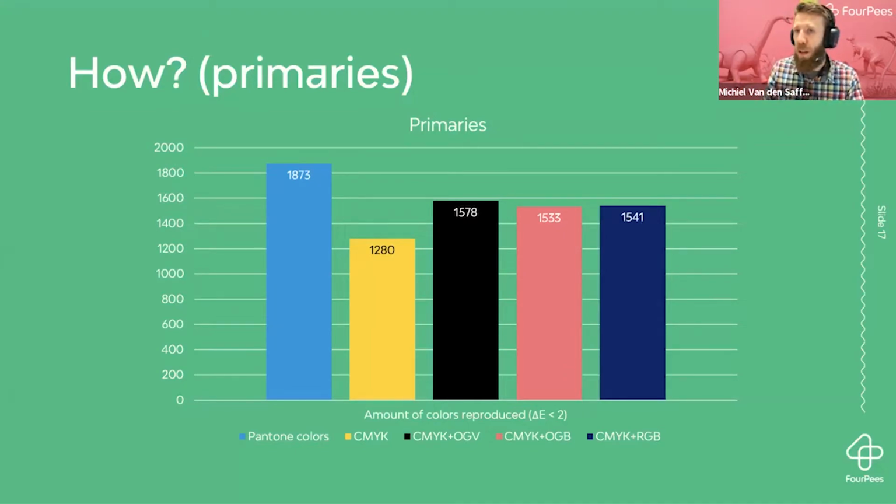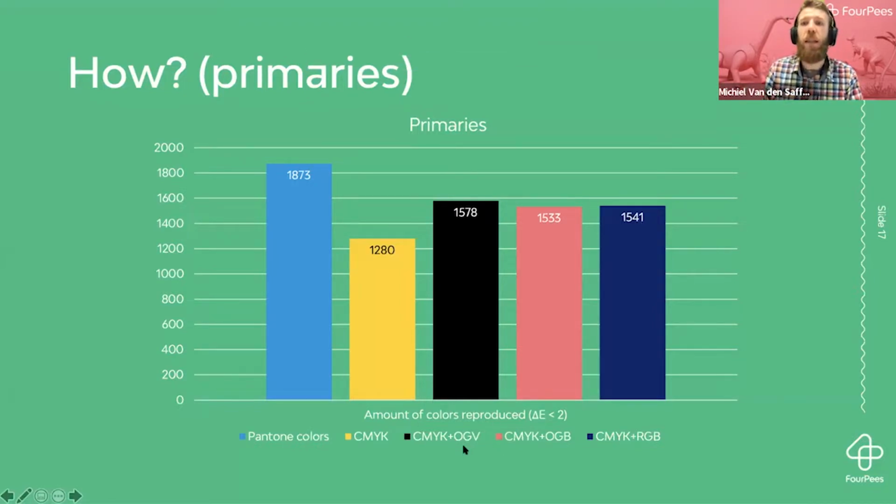Because then we're covering the whole spectrum, right? We have CMY, we have RGB. But you can see using RGB, we only have 1541, and using orange, green, and blue, we only have 1533. So turning to orange, green, and violet, we have 1578 colors. So the most colors we could reach was with these primaries.